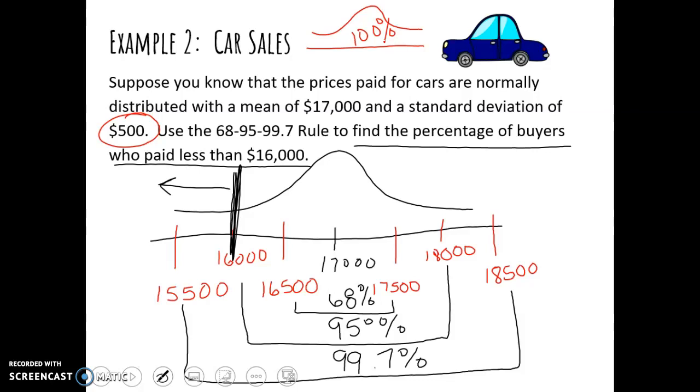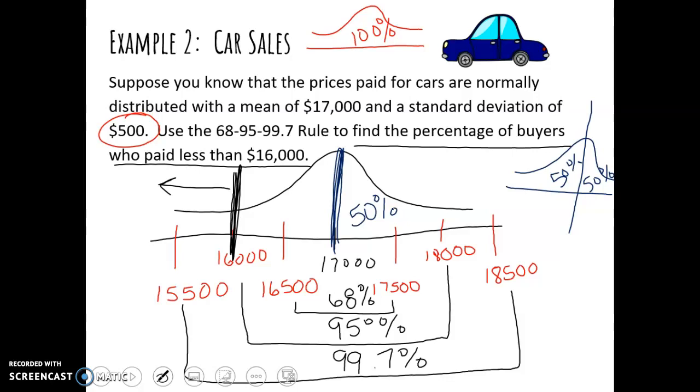That means, what does that mean? Let me just show you. Let me draw another curve over here. That means that if I split the curve down the middle, 50% is on the left and 50% is on the right. So if I split this curve at 17,000, which is the mean, 50% of the data is on the right and 50% is on the left, but let's just stick with the right for right now.